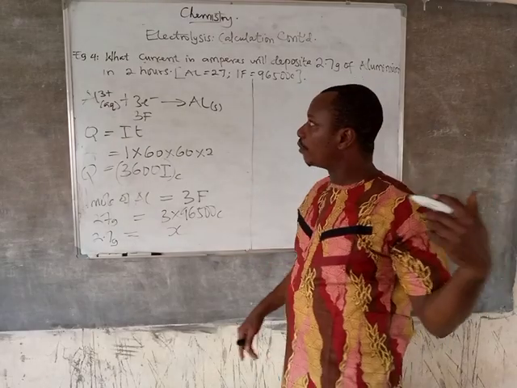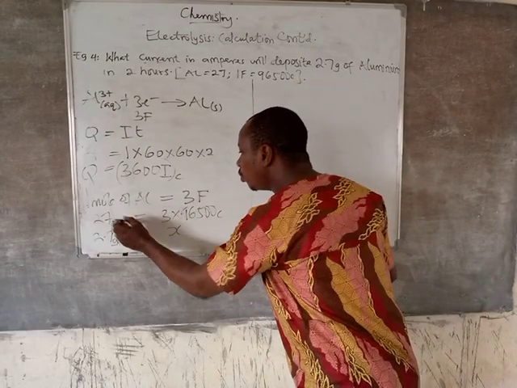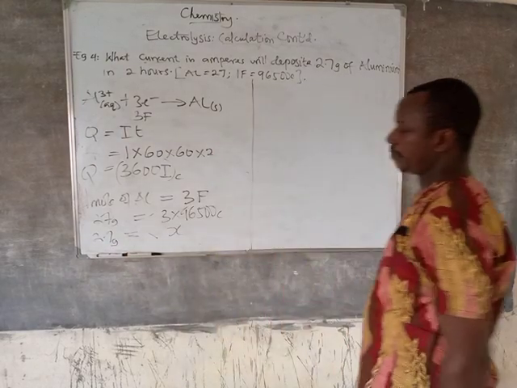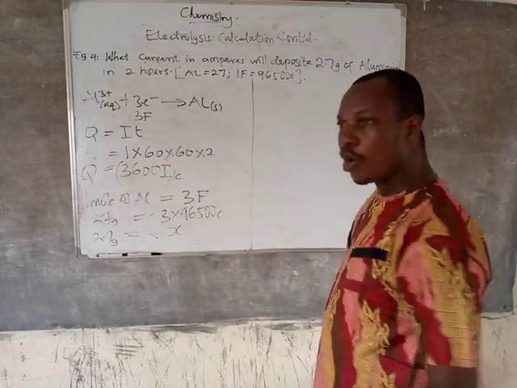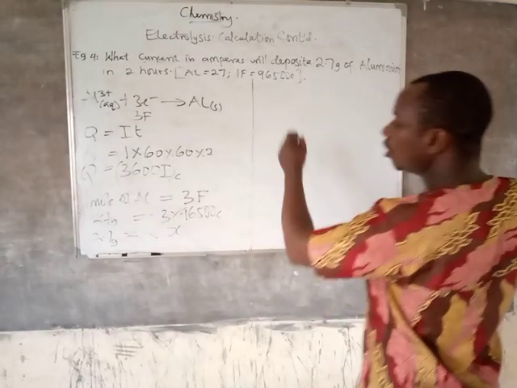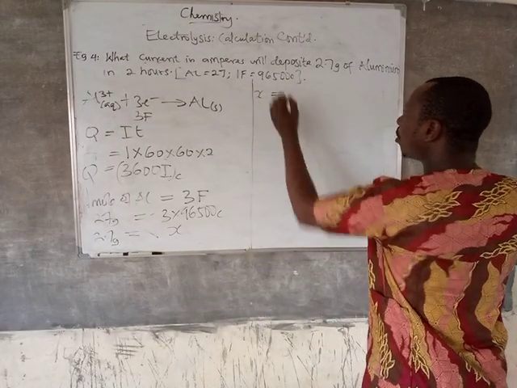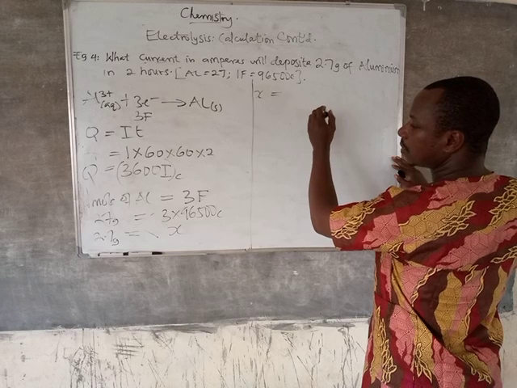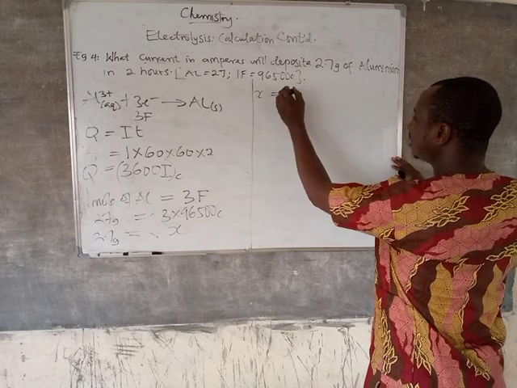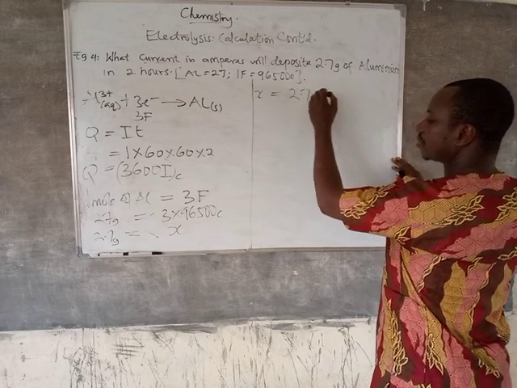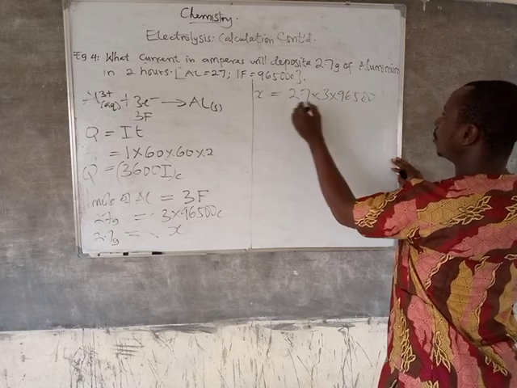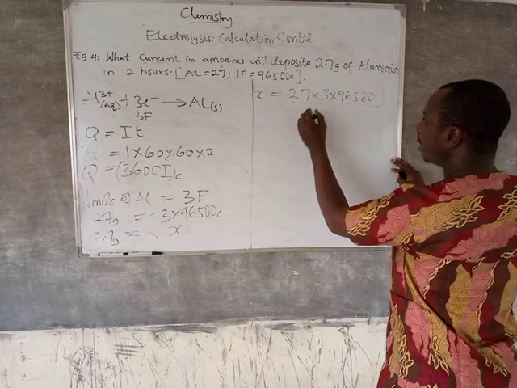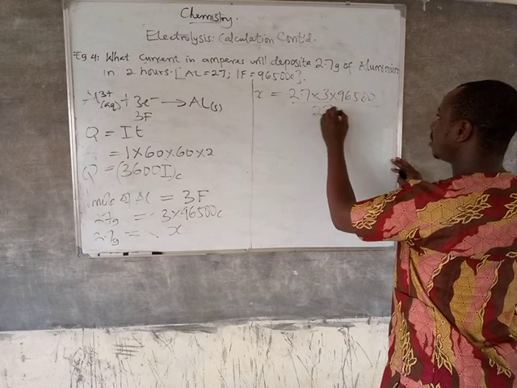Just as in example 3, we cross multiply. Simple proportion. When more, multiply. When less, divide. So this now becomes x equals 2.7 times 3 times 96500 all divided by 27.